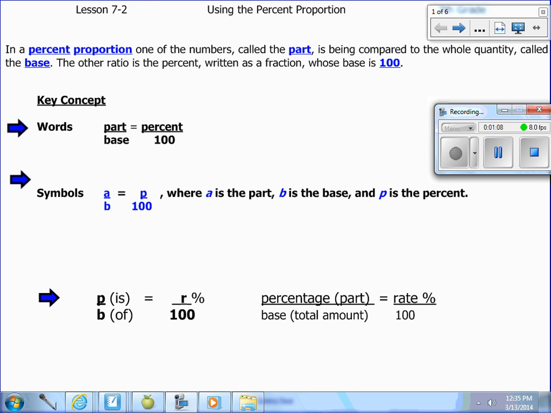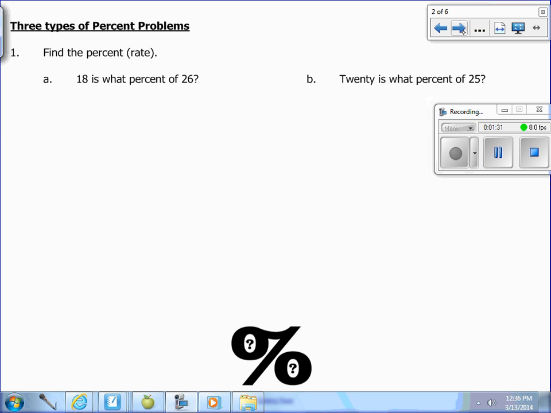If you see the word "of," that is going to be the whole, the base. R will be considered the percentage, it's the rate, and 100 is the 100% of it. So percentage, which is part, will be over the base, which is the total amount, and that's equal to the rate, which is the percent, over 100. So we're going to do some examples using this formula.